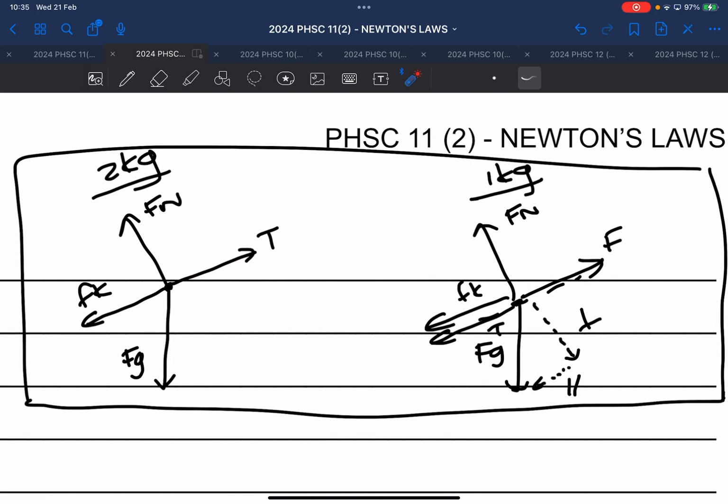Okay, so from there, you're going to split it up into its perpendicular components. You have a perpendicular and parallel. And then you're going to highlight the forces that are in the same plane that you're allowed to add and subtract to one another. Now I have highlighted 7 yellow forces, 7 horizontal forces.